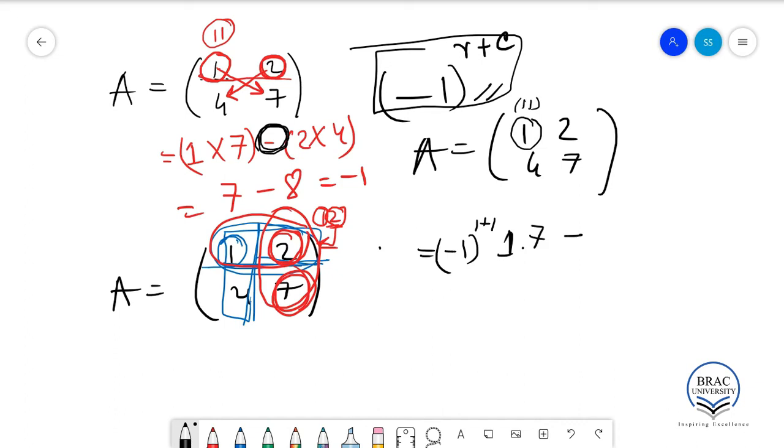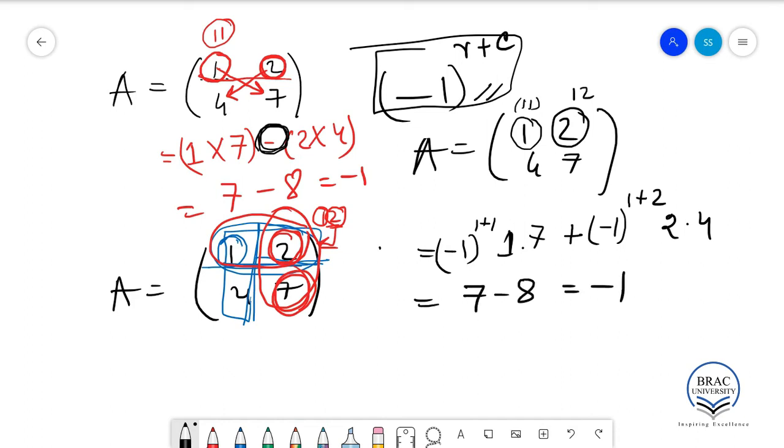Then you put a plus sign in general, and then (-1), and since you are now working with number 2, which is in the first row and second column, you write 1 plus 2, and you take this element and multiply with 4. Again, you can see this is just 7 minus 8. This is -1. This will be more clear.